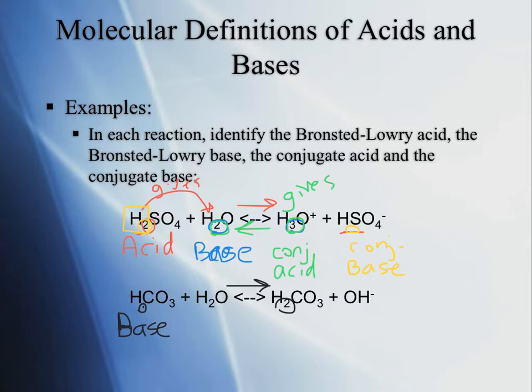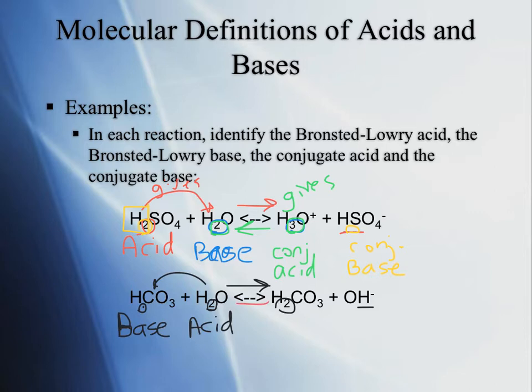Okay, so that means it must have taken in a hydrogen from water. So let's see if that happens. So water starts with 2 hydrogens and now only ends with 1. So that definitely is the case where water gave a hydrogen to HCO3, and so if you give away your hydrogen, you are an acid. Okay.